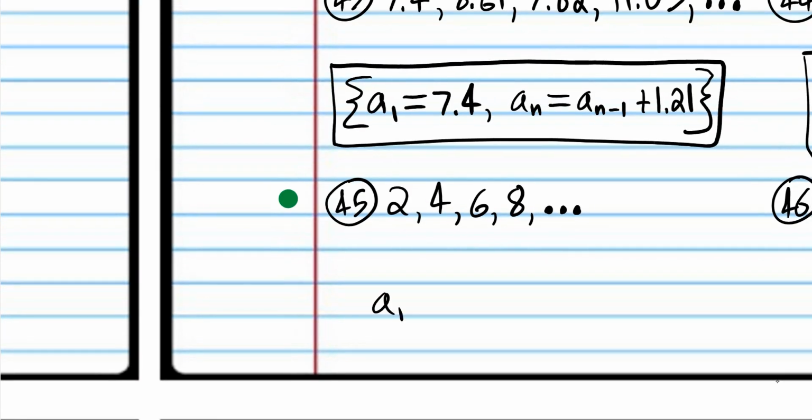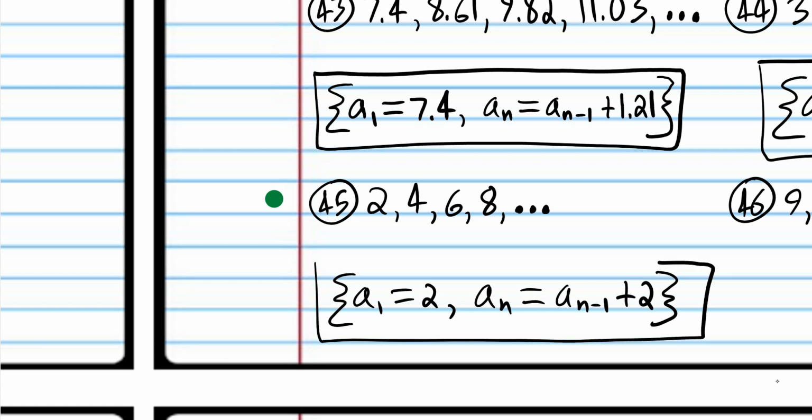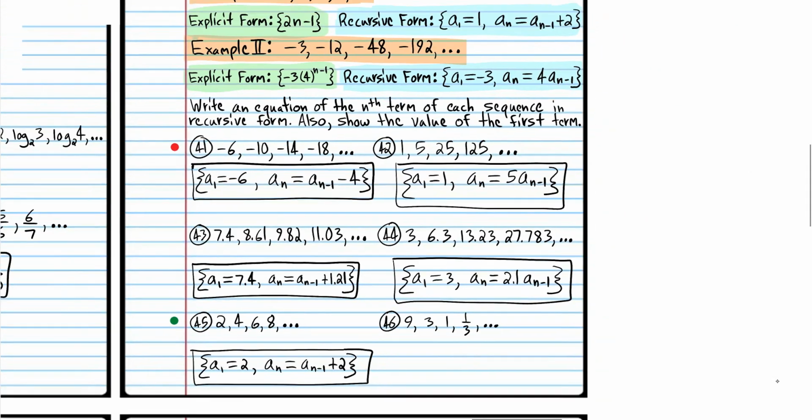So the first term is 2, and any term in the sequence can be found by taking the previous term and adding 2, because this is an arithmetic sequence. So if you got that right, excellent.